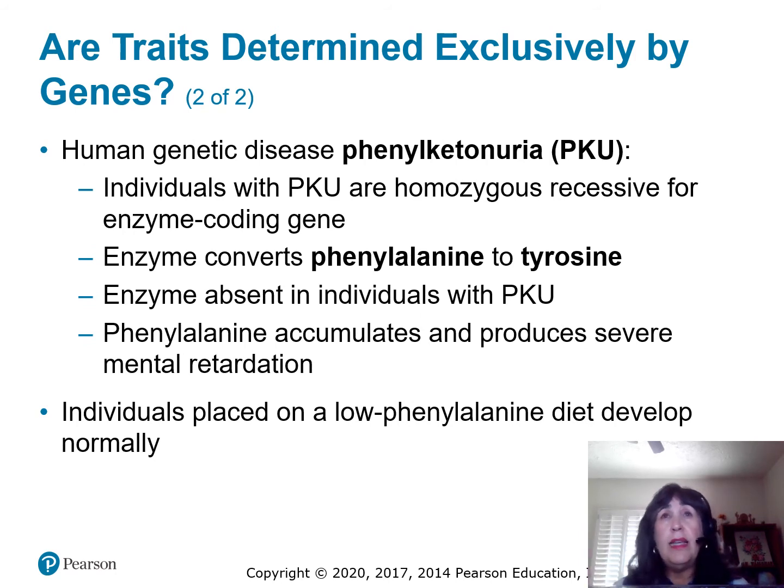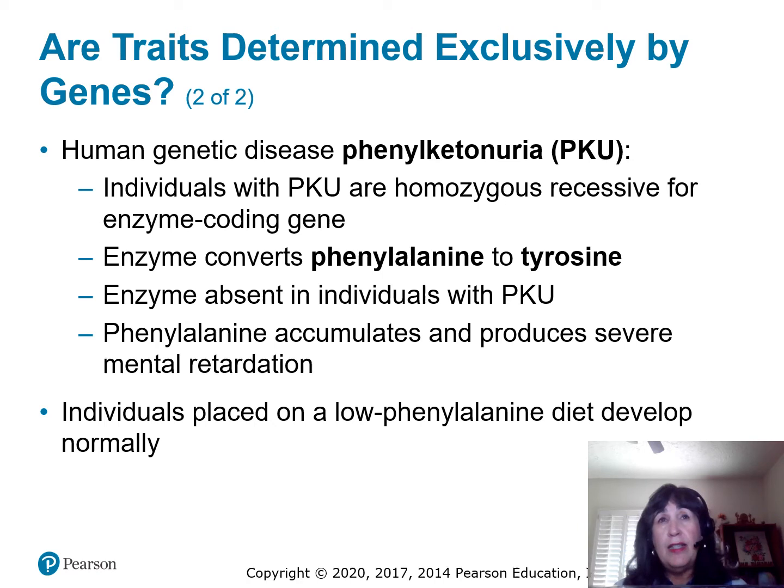The classic example they give in your book is PKU. When babies are born, you have to go back to the hospital and they prick the little baby's foot. What they're doing is testing for PKU, whether you're homozygous recessive for the enzyme coding that gene. This enzyme converts phenylalanine to tyrosine.